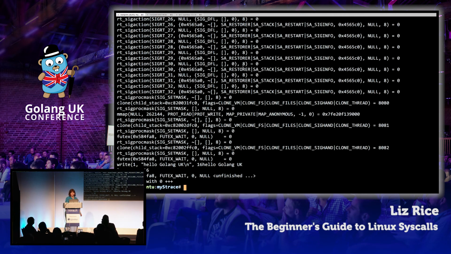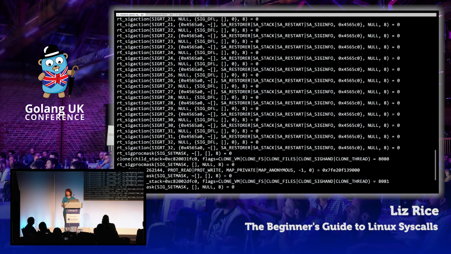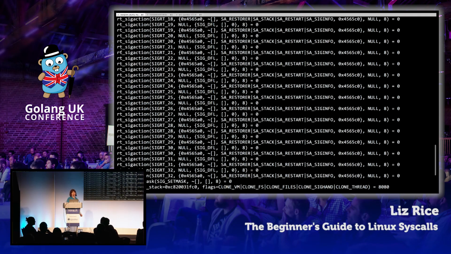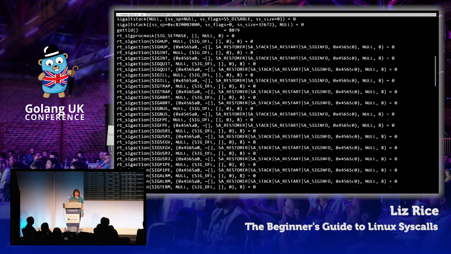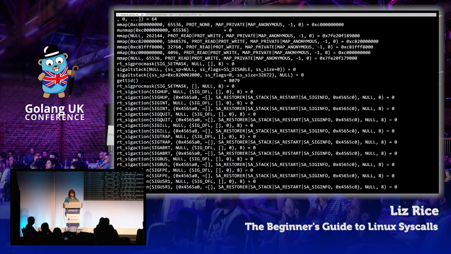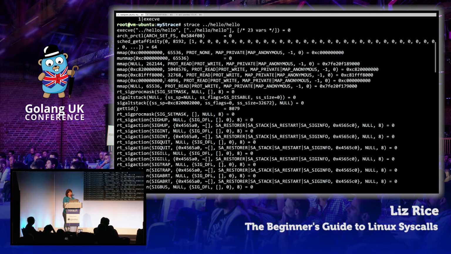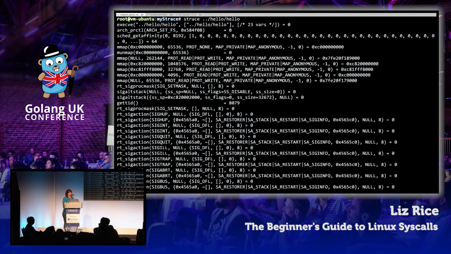Yeah. Right. That's a really good question. So I'm not sure the mic was working. So the question is, what is all this RT SIG action stuff? This happens in every single Go program. This is actually a really interesting question. It also relates to why you end up with additional threads when you start a Go program.